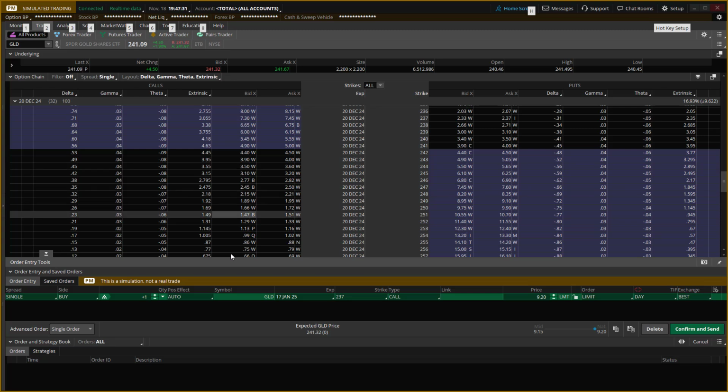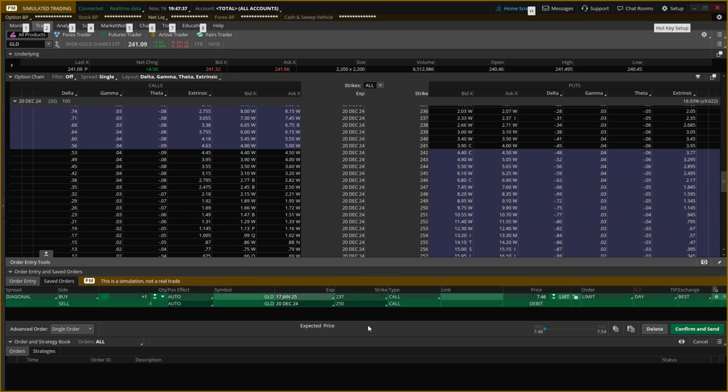And this will expire before this does. That's a calendar spread, because they're in 2 separate months. This one will expire in 32 days, where my longer trade is going to be 60 days out.